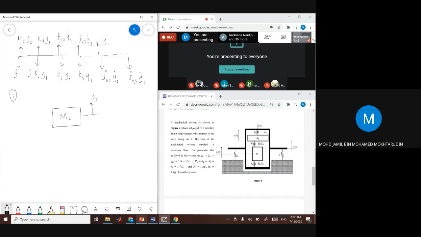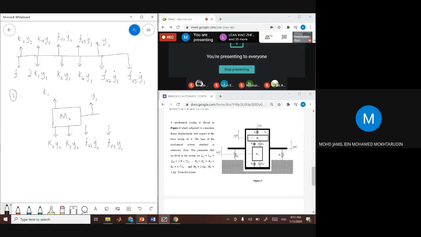So K2 Y2, K3 Y2, FV1 Y2 dot, FV2 Y2 dot. And then K2 is connected to the massless frame, so K2 Y1.